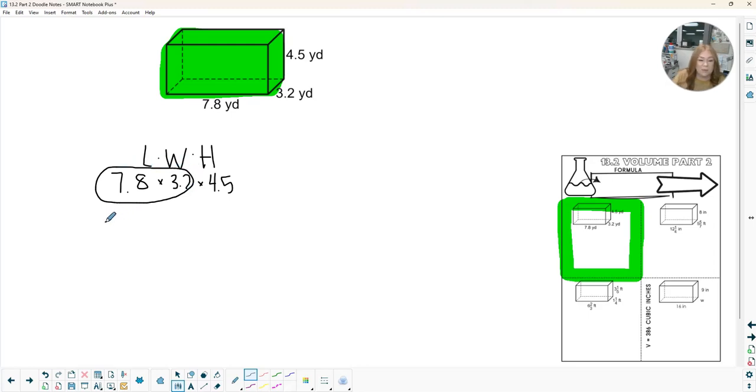7.8 times 3.2. So go ahead and do this work here. Just make sure you're doing this with me. So 8 times 2 is 16. 2 times 7 is 14, plus 1 is 15. Here's our placeholder. 3 times 8 is 24. 3 times 7 is 21, plus 2 is 23.